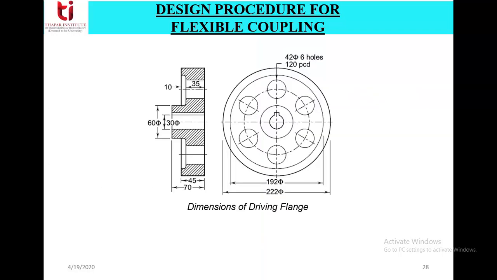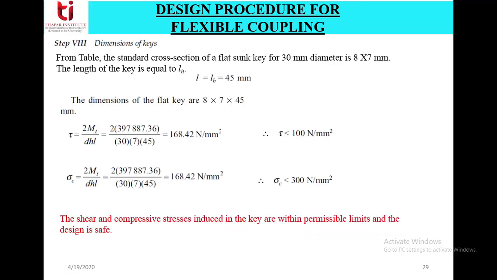Now let us go into the design of the key. These are the dimensions which we have written. You can see pitch circle diameter and other dimensions, you can show in the sketch itself. The last part which we have to see is the dimension of the keys. Let us say we are going with a flat sunk key.